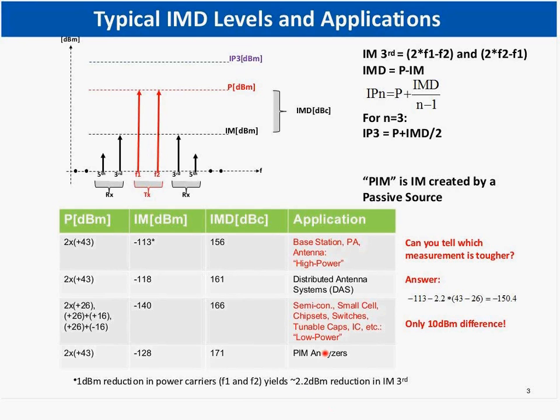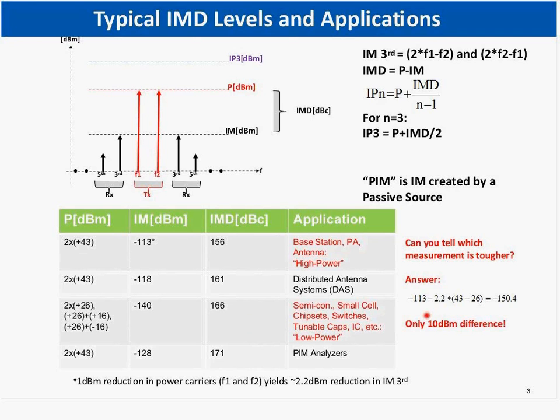So if we look at these two main applications, the high power and the low power, let's do a quick check and see how far they are from each other, or which measurement is tougher. We take the minus 113 dBm and lower the carrier powers from plus 43 to plus 26.